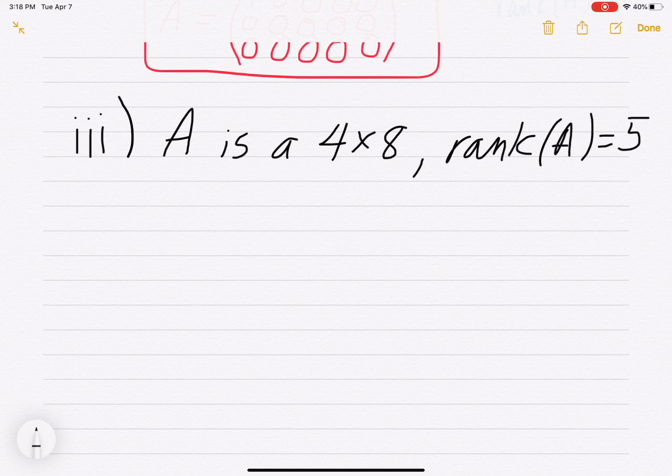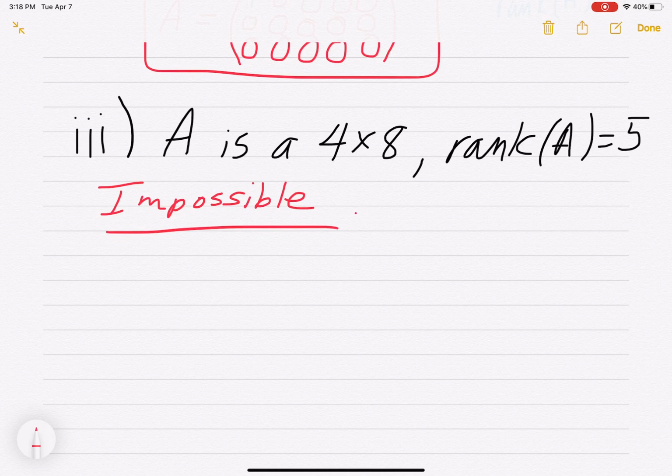Well, it turns out this is impossible. And the reason it's impossible is because the rank is bounded above by 4. You take the minimum of 4 and 8, and that's the maximum number of pivots.